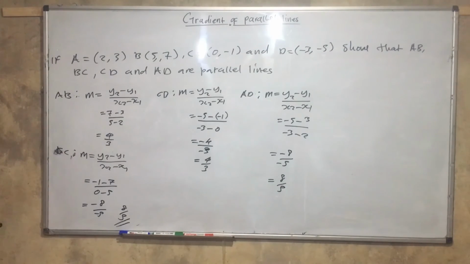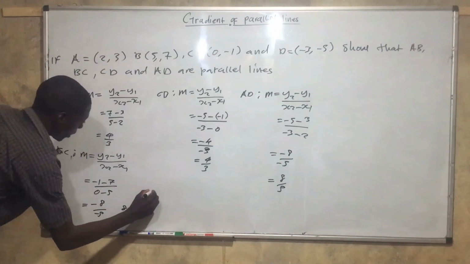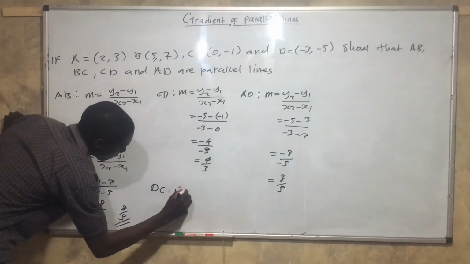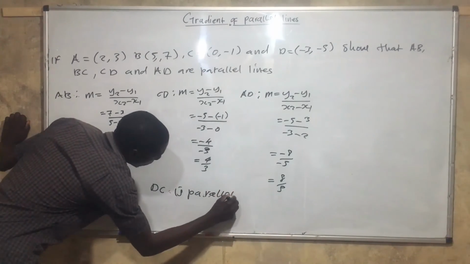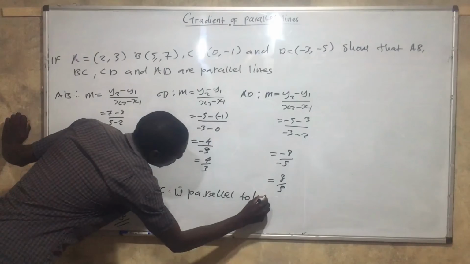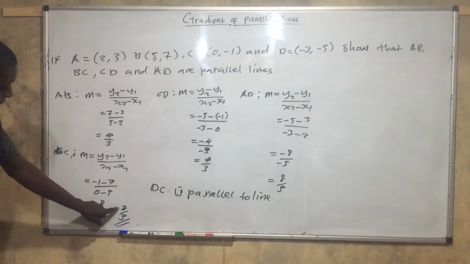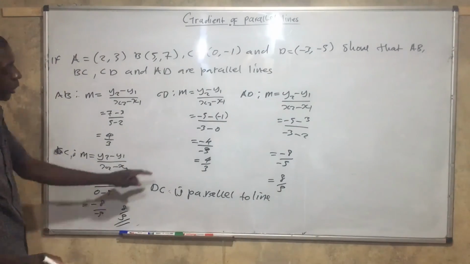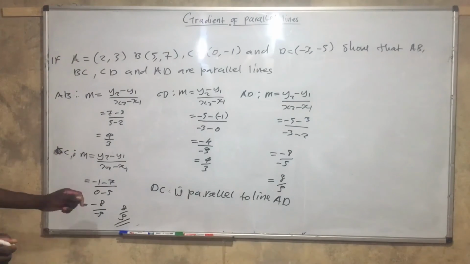So from this we can say line BC is parallel to line AD because the gradient is 8 over 5 and there the gradient is 8 over 5, the same.